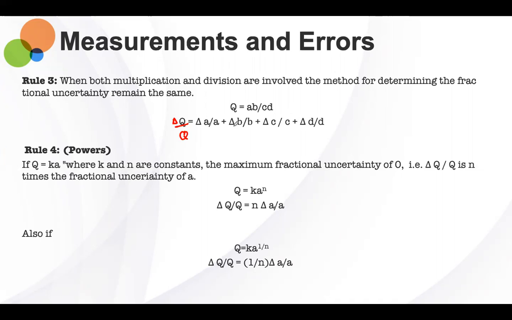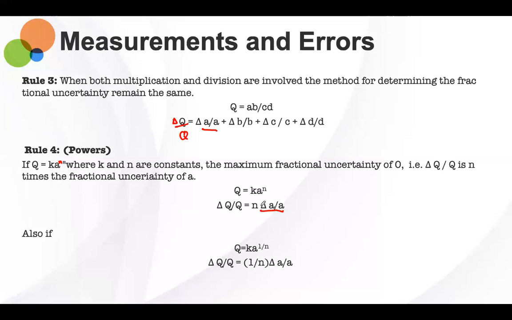The only one that is really different is rule 4. So if Q equals K times A to the nth power, where K and N are constants, the maximum fractional uncertainty, delta Q over Q, is N times the fractional uncertainty for A. So we still see the fractional uncertainty for A coming up again, just like up here, and these other two are constants.